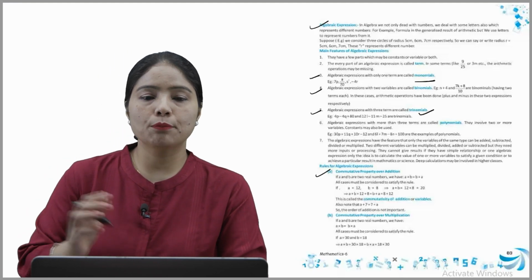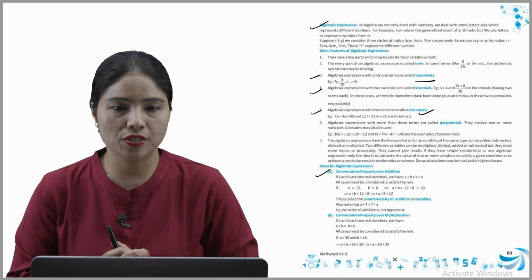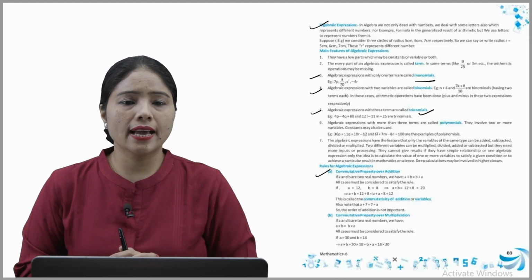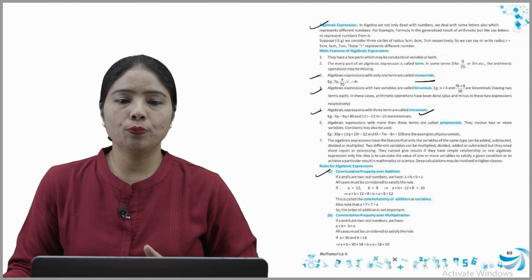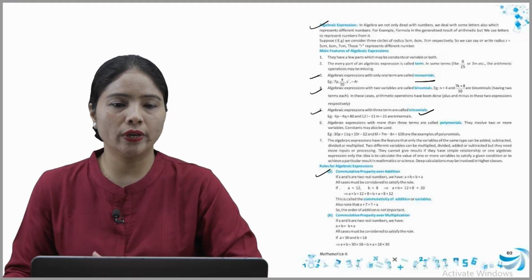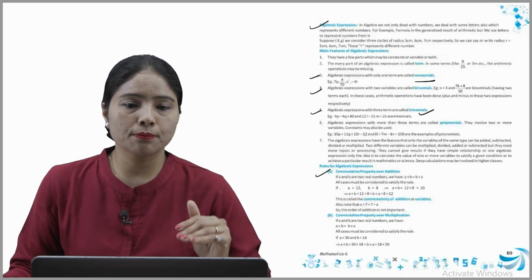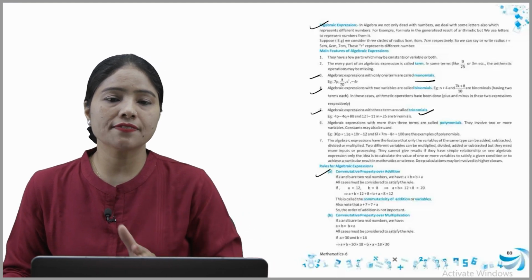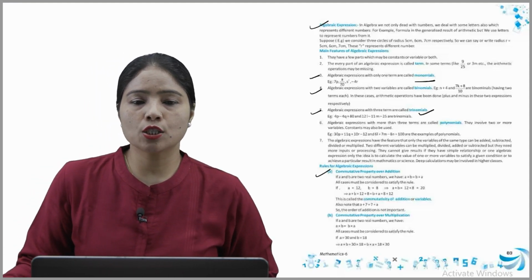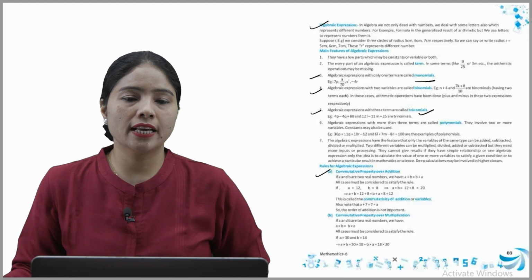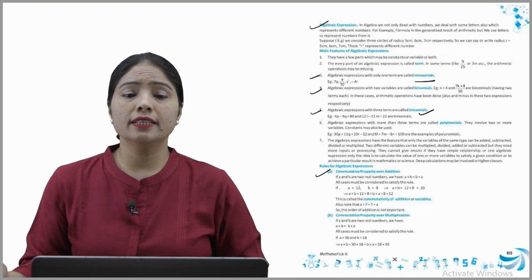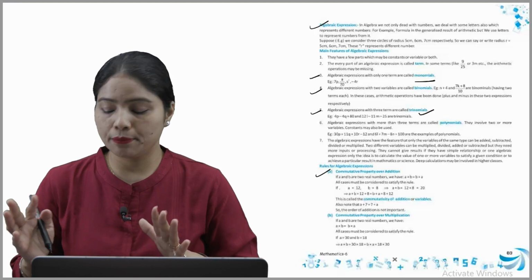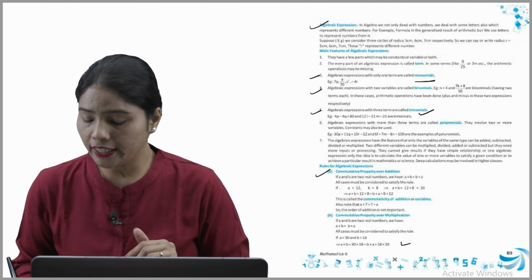Now B, commutative property over multiplication. Here, if a and b are two real numbers, we have a into b is the same as b into a. So all cases must be considered to satisfy the rule. If a is equal to 30 and b is 18, then a into b is 30 into 18, and b into a is 18 into 30.